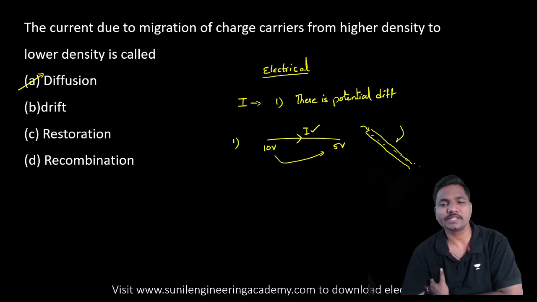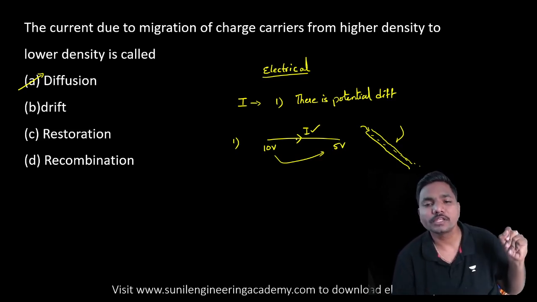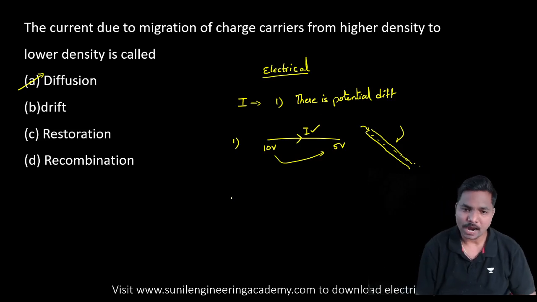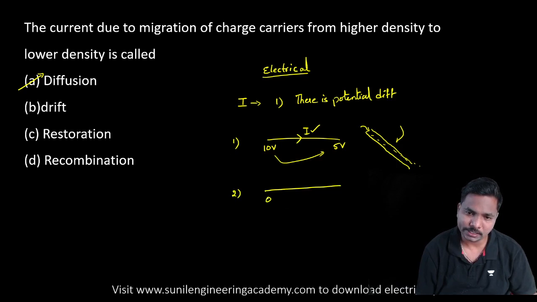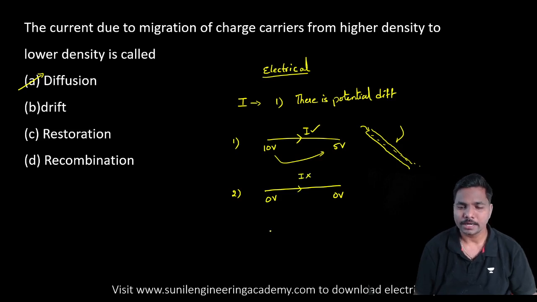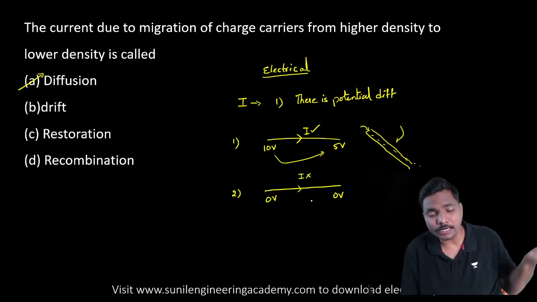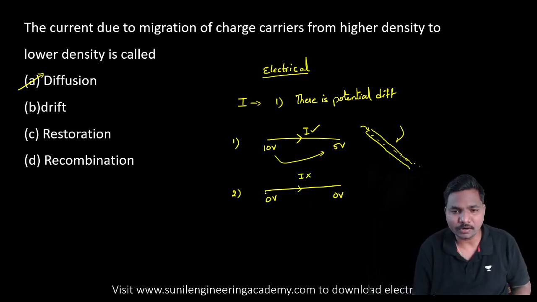Here also, whenever there is a voltage difference or potential difference, current can easily flow without any external force. In the second case, if the wire has 0 volt here and 0 volt there, is current flowing? No, current is not flowing. If you want the current to flow, then what do you have to do?